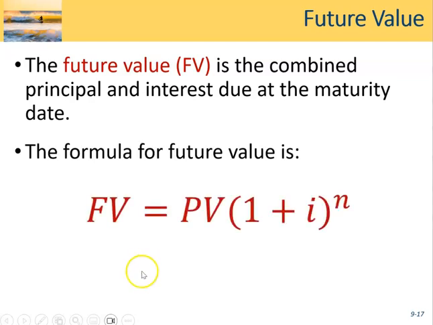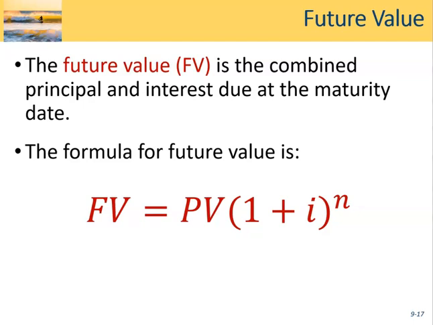And the formula is that your future value equals your present value, that gets multiplied by 1 plus i. And if you remember, i is the interest for the compounding period. Then that is to the power of n.